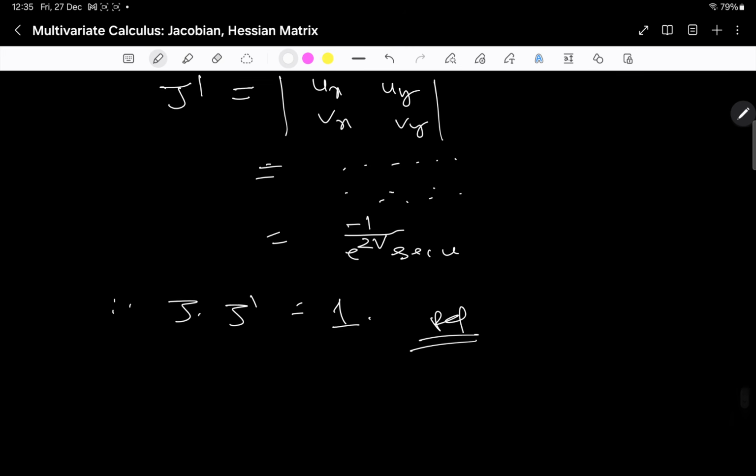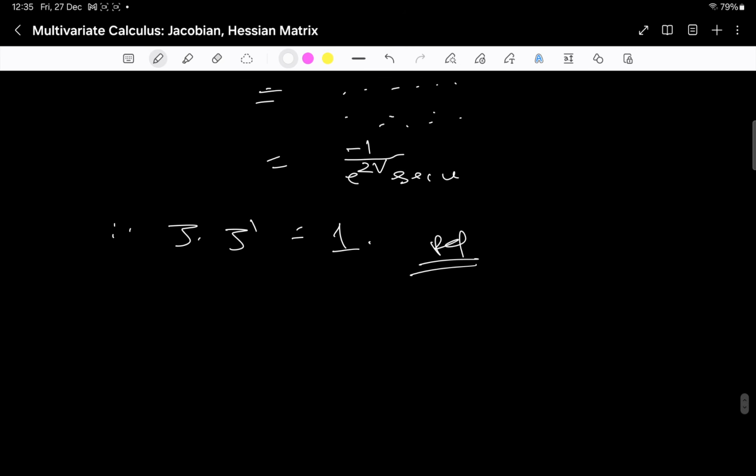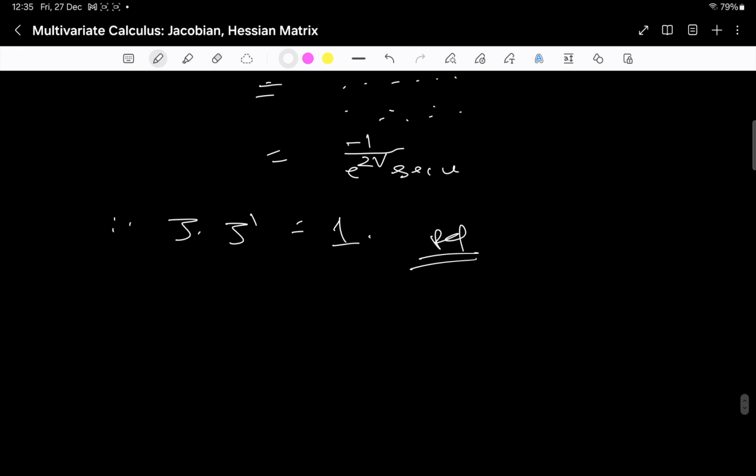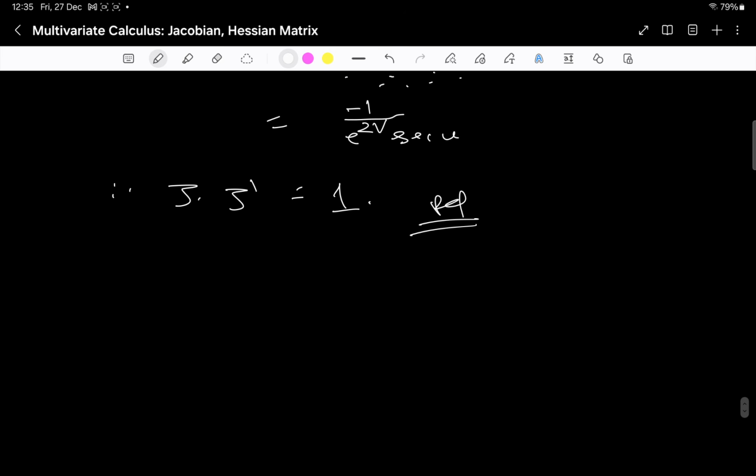Now this Jacobian will be used to evaluate multiple integrals, where in complicated cases we have to evaluate the integral by bringing it to other coordinates. This is where the Jacobian plays a key role.